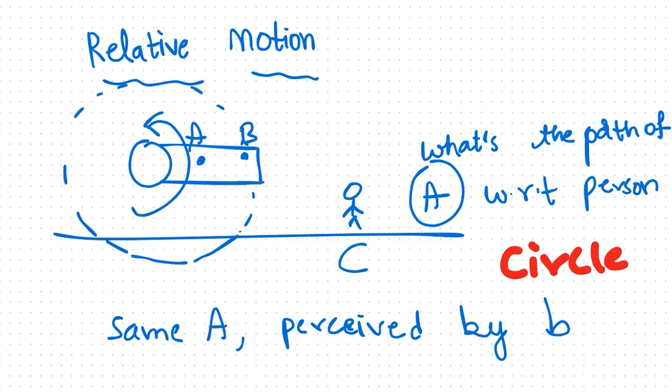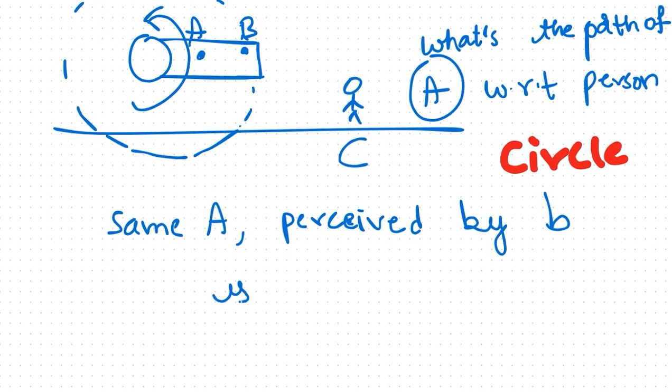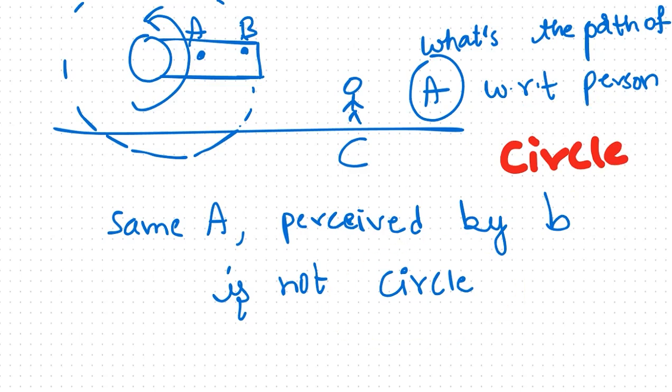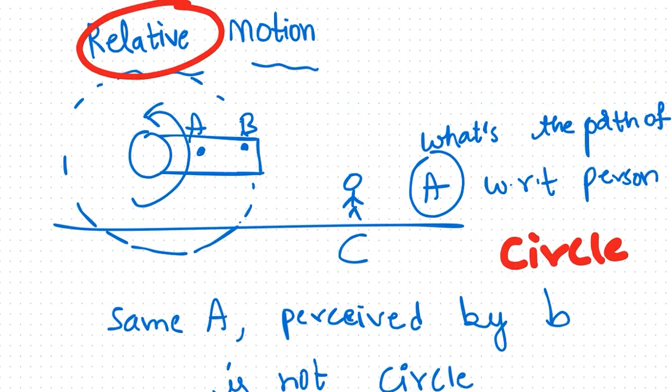Straight, because they're both on the same fan. It's as if it is not moving, so it is not a circle. So for C it was a circle, for B it was not a circle. This is called relative motion: how the motion changes with respect to some other person.